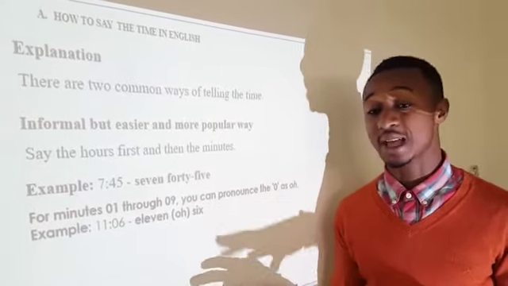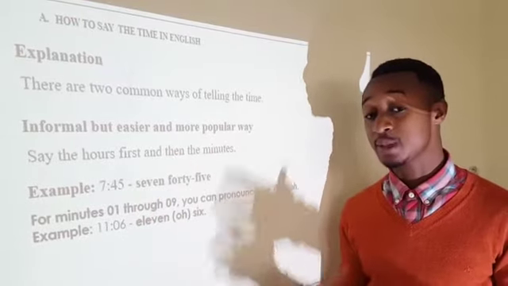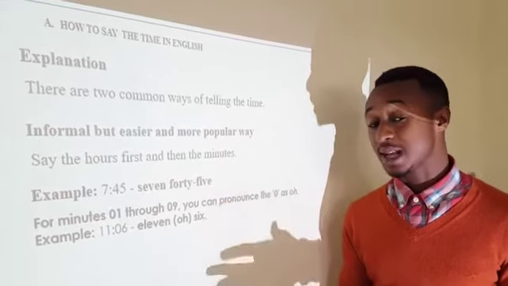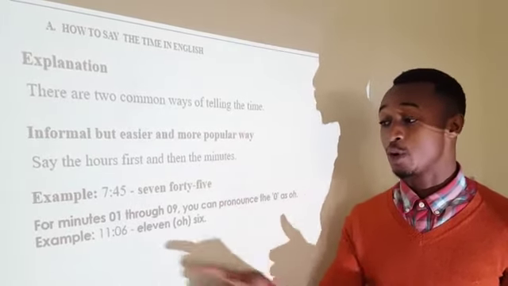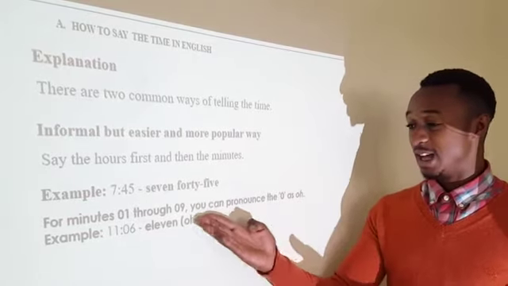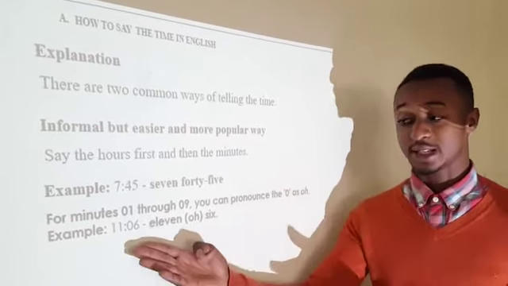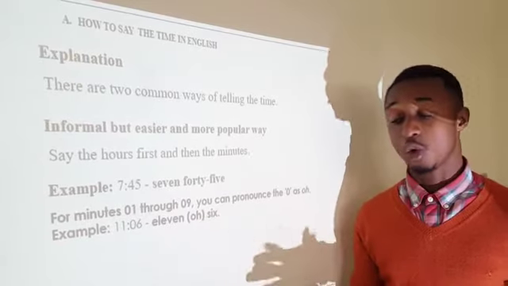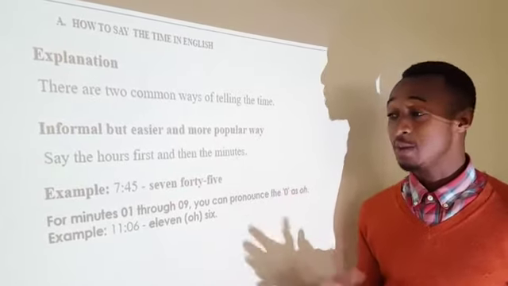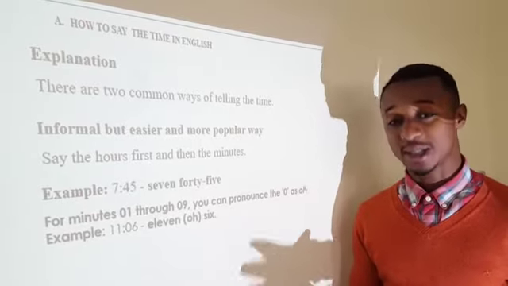So you just say the hour and then the minutes. That's it. For minutes less than 10, we pronounce the zero like O. As you can see here, for example, it's 11:06, right? Very, very easy. Now let me explain more about the time.